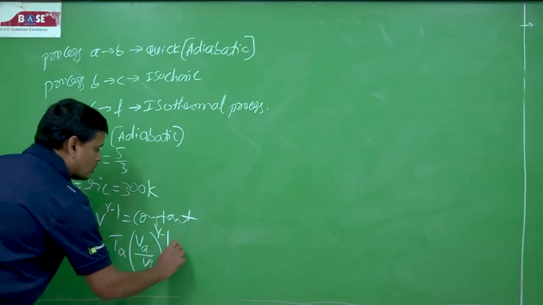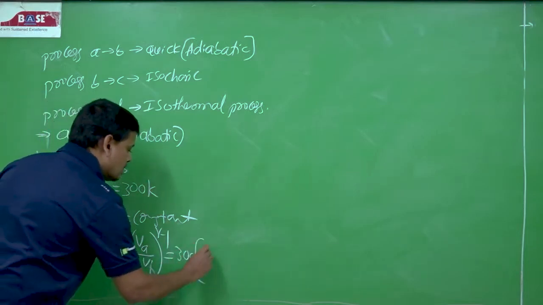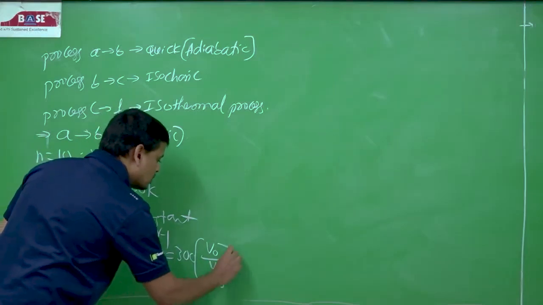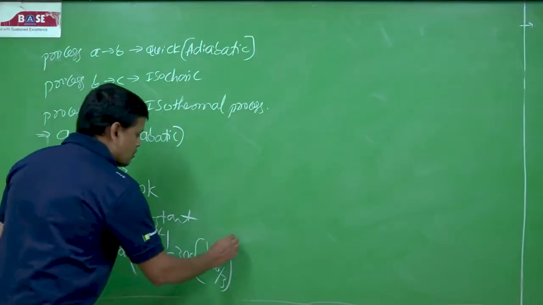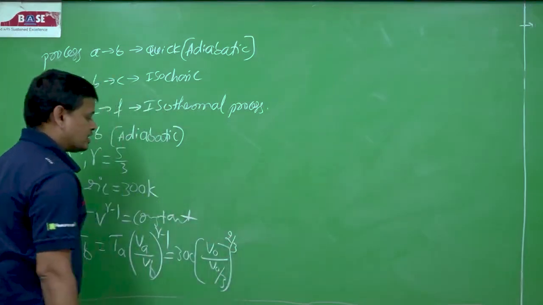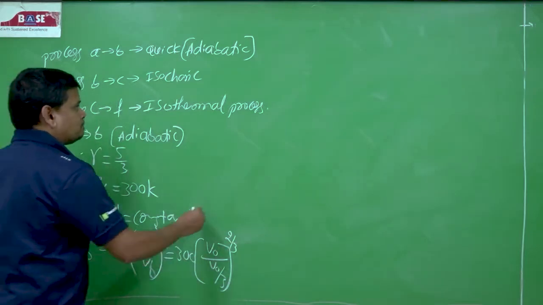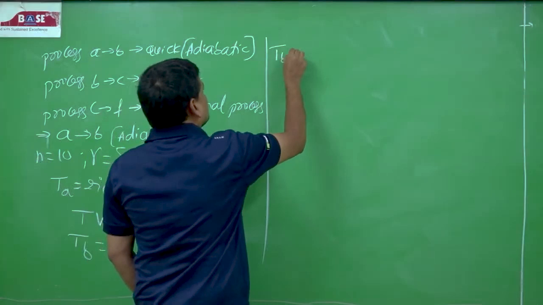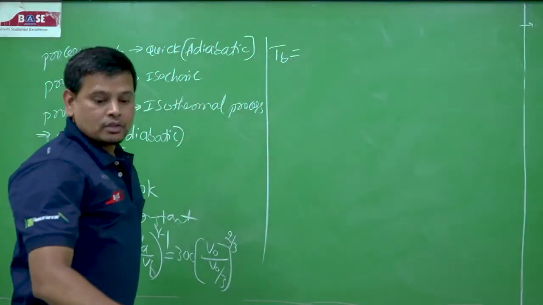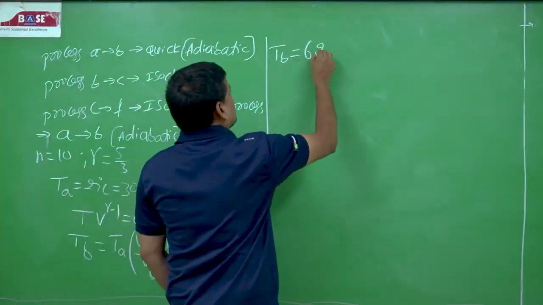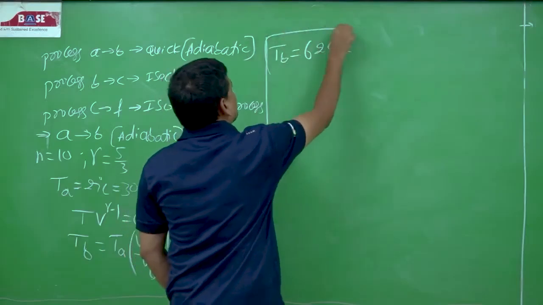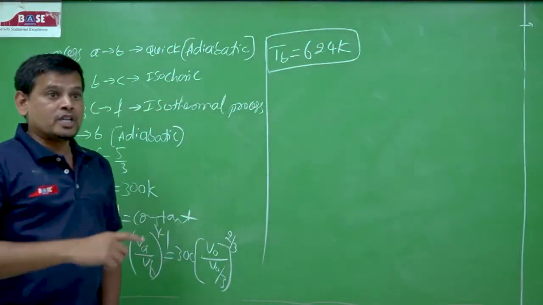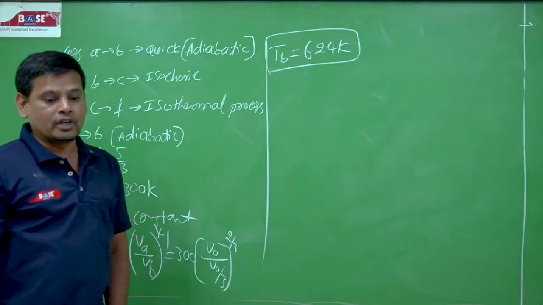Substituting the values, 300 times, VA is V0, VB is V0 by 3 as given in the question, and 5 by 3 minus 1 gives 2 by 3. That would give an answer of 624 Kelvin. So the temperature at point B when adiabatically brought from A to B is 624 Kelvin.